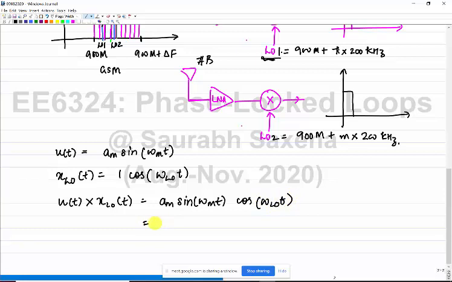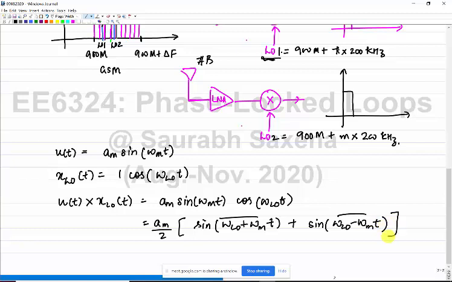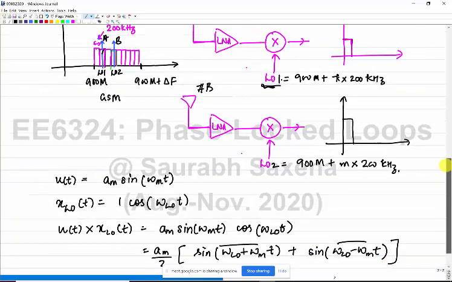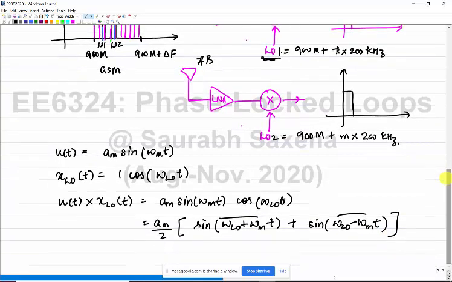You apply a little bit of maths and you find this is nothing but A_m by 2 into 2 sine a cos b, which is going to be sine of (omega_LO plus omega_m) times t plus sine of (omega_LO minus omega_m) times t. So when you mix the signal, when you up convert it in your RF chain, radio RF transmitter, you have omega_LO plus omega_m, omega_LO minus omega_m.